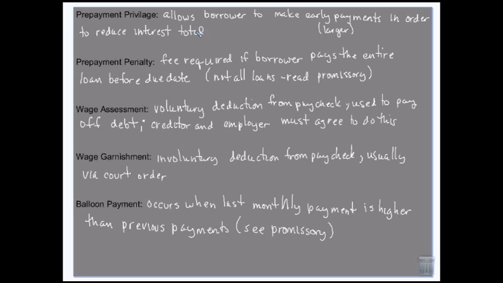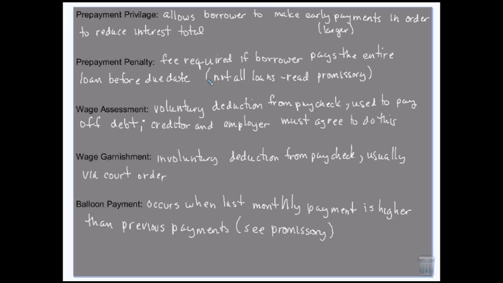This is not all loans. Some banks or some loaning agencies don't allow you to do that. There's a prepayment penalty, and that's if you pay off your loan before the due date, you're going to get charged a penalty. And that's because if you pay it off early, they're going to miss out on all that interest they were going to charge you every month. And so the penalty is their way of recouping some of that interest.